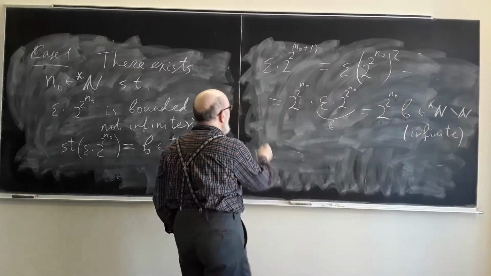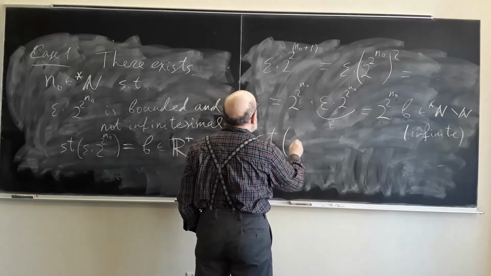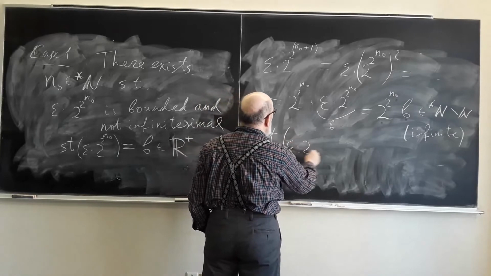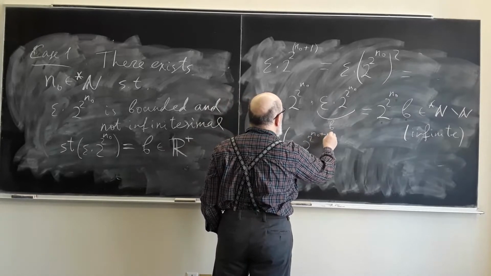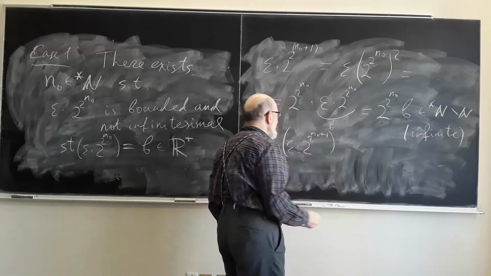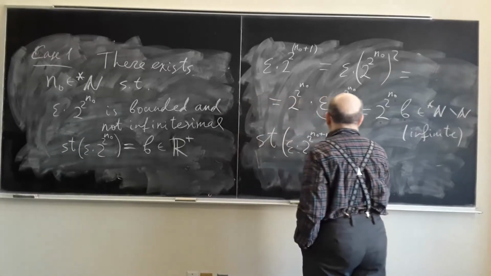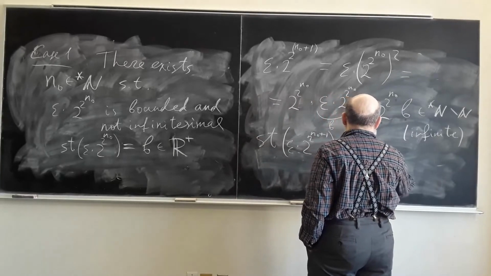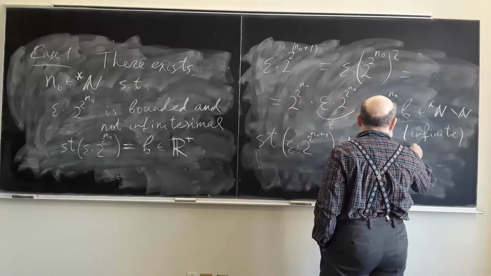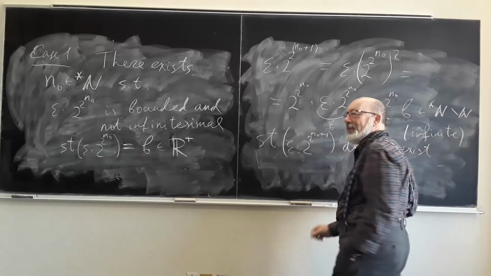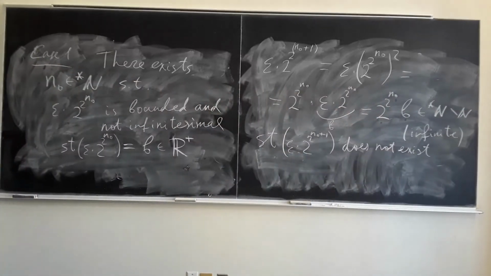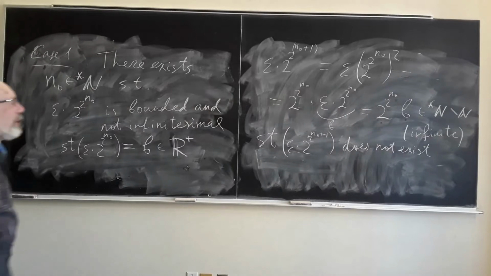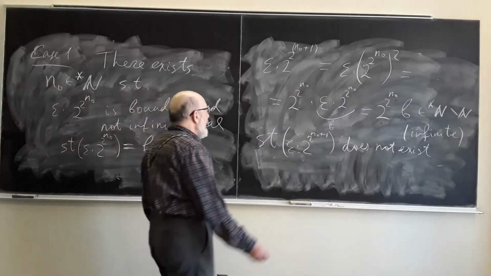So the standard part of epsilon times 2 to the power 2 to the power n0 plus 1 does not exist. Yeah, because it is an infinitely large number.